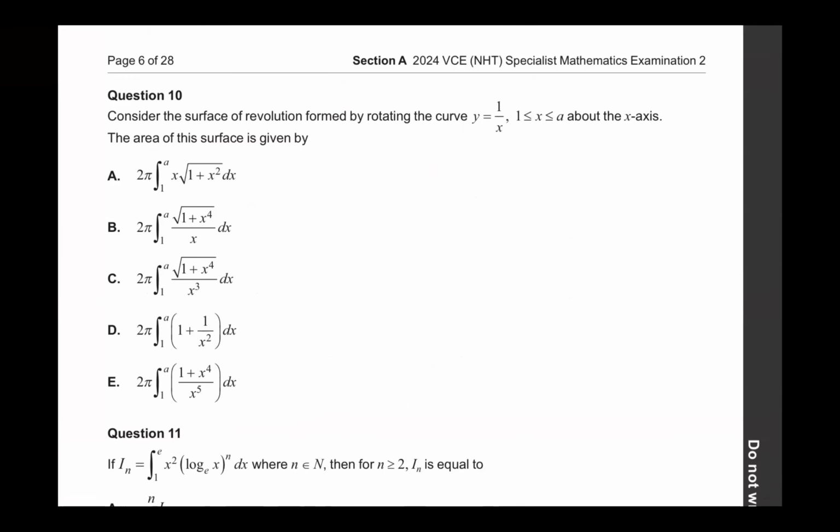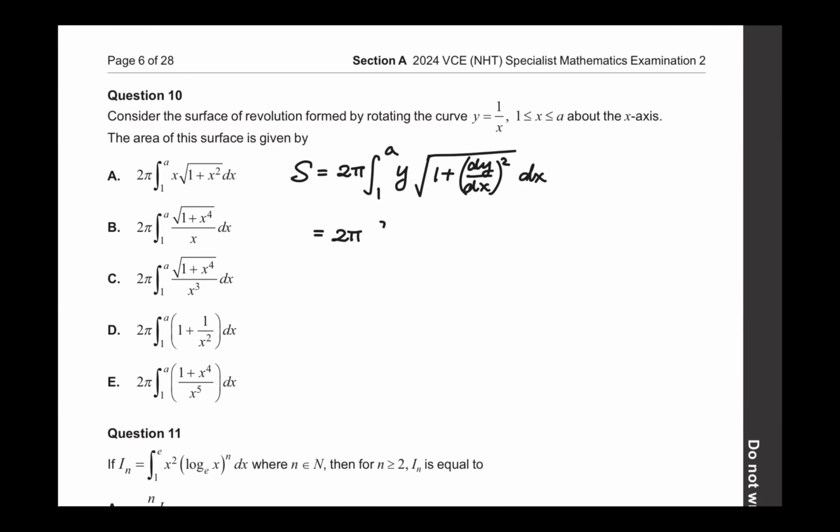Question 10, surface of revolution, rotating the curve about the x-axis. So let's set it up. Surface area equals 2 pi, from 1 to a, y times the square root of 1 plus dy/dx, whole thing squared, dx.